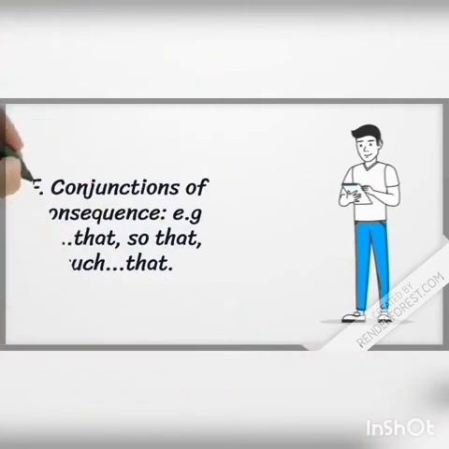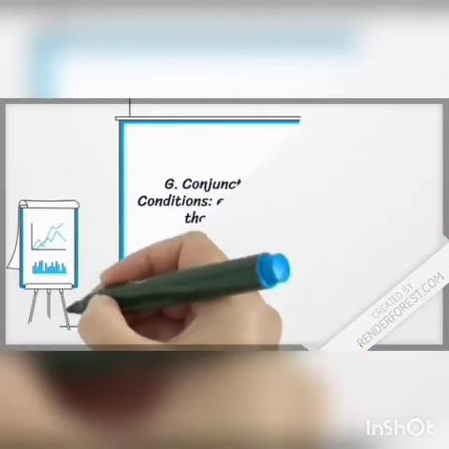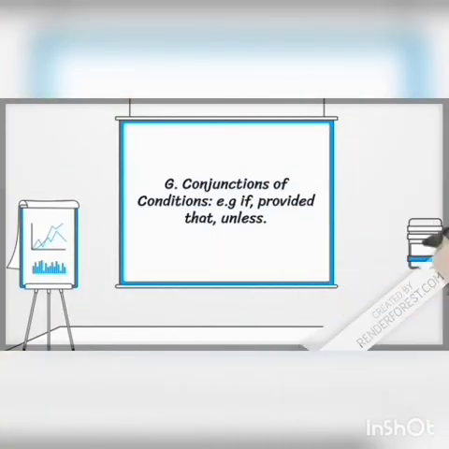We have the next class, conjunctions of consequence. For example, so that, such that. Don't worry, when we start looking at some examples, you will find these subordinating conjunctions in them, and you'll be able to identify them. The next one is conjunctions of condition: if, provided that, unless.